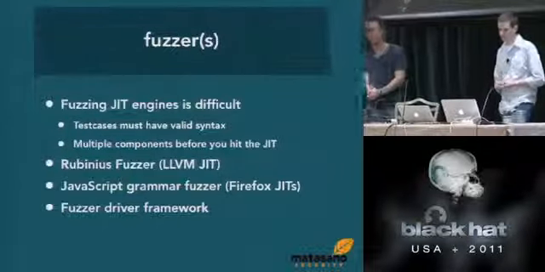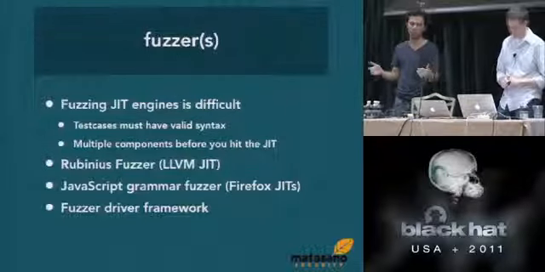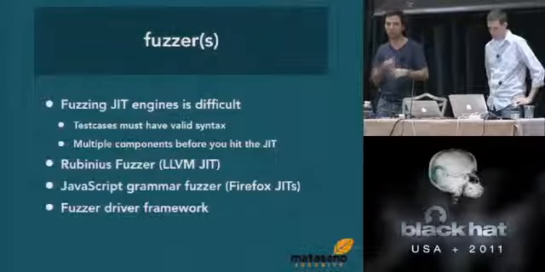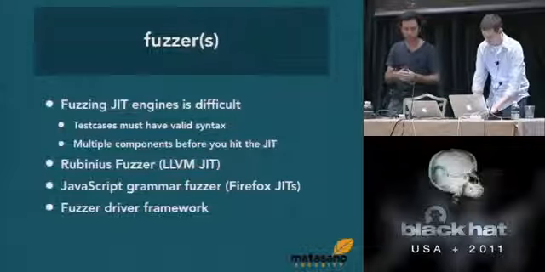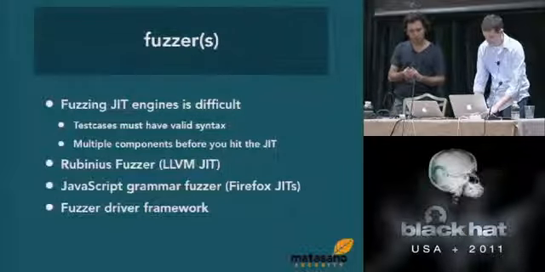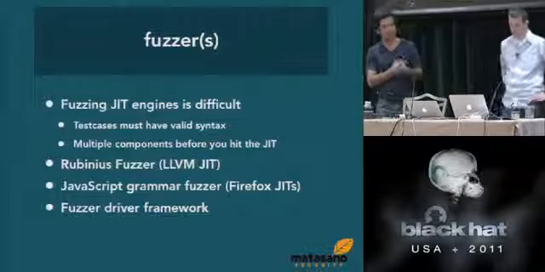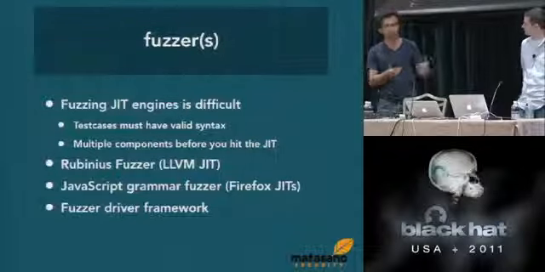Fuzzing JIT engines is difficult. We've been discussing before that they're removed from where your input's coming. So a lot of the time your test cases need to conform strictly to a grammar for them to even get to the JIT. We wrote a few fuzzers. We wrote a Rubinius fuzzer that generated permutations of Ruby grammar.